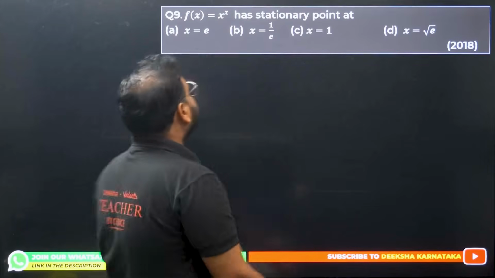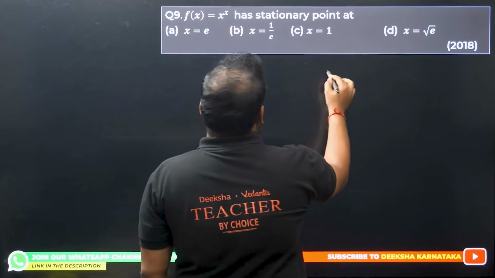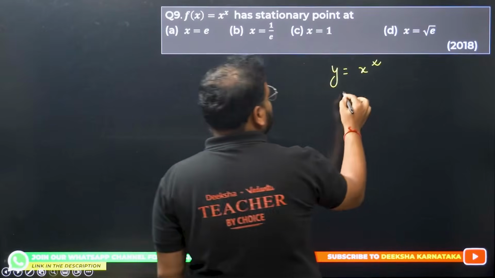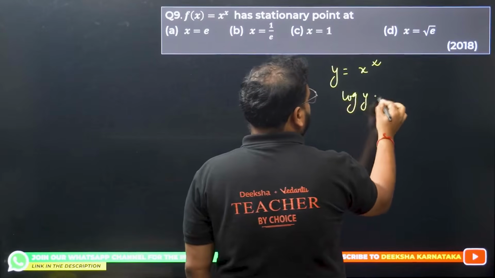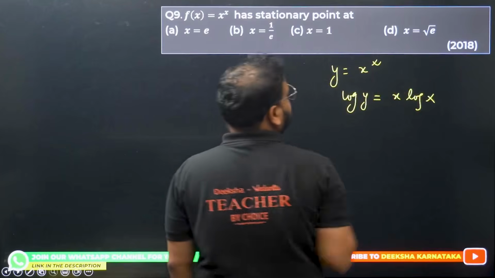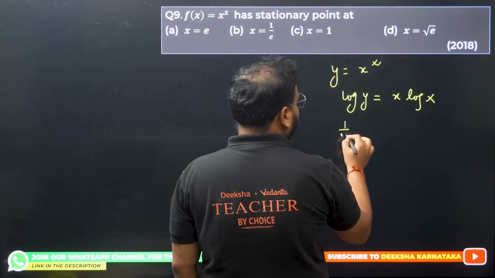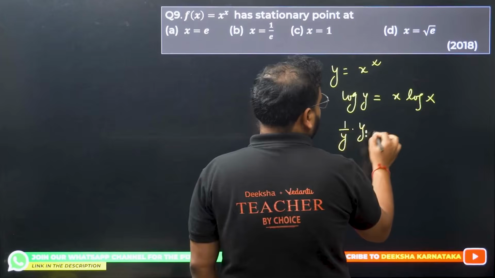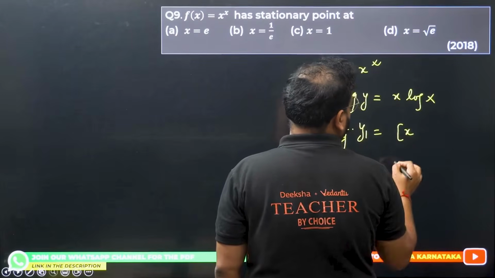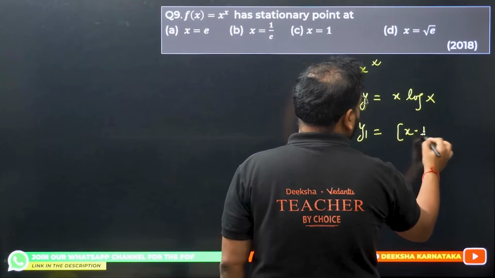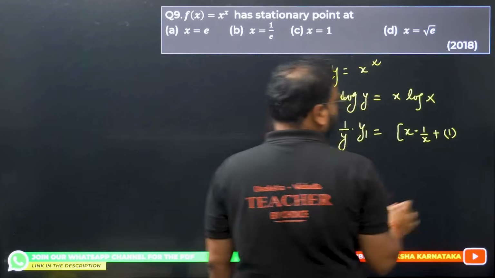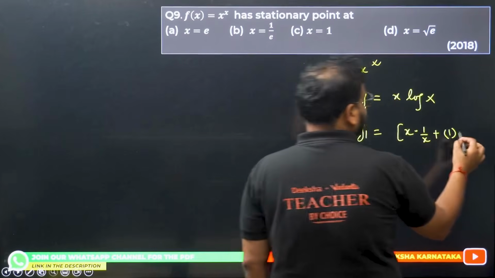Okay. Start with the function. Same thing, y equals x power x. Apply log on both sides, we get log y equals x log x. Remember, this x comes in front. Derivative will make it 1 by y, y1, and over here we'll have x into derivative of log, which will be 1 by x, plus, this time we'll keep derivative of x, so it'll become 1, and log x as it is.